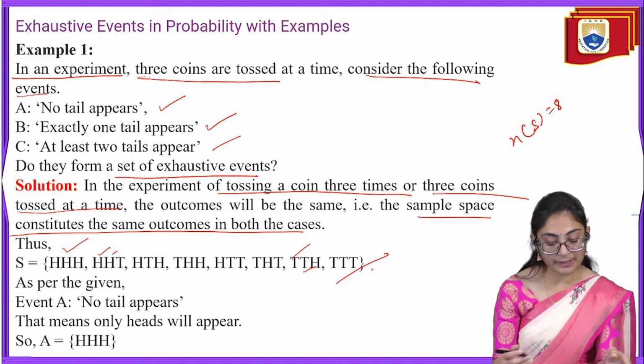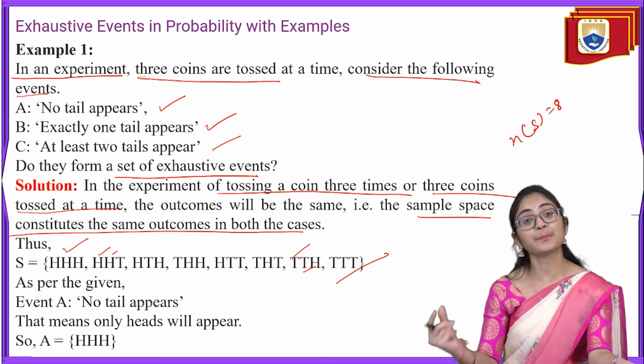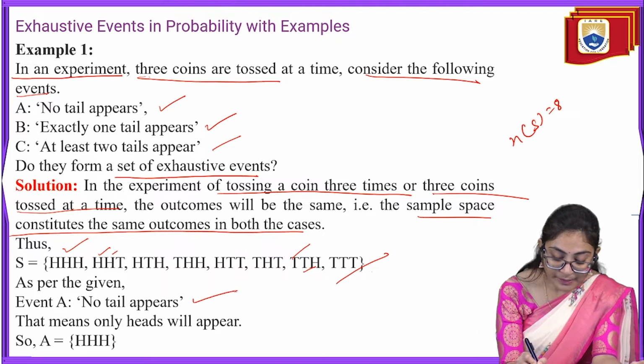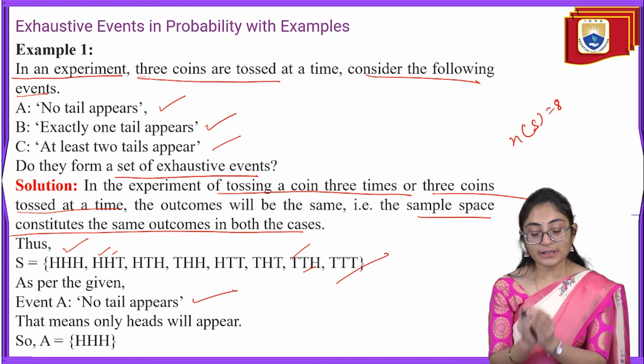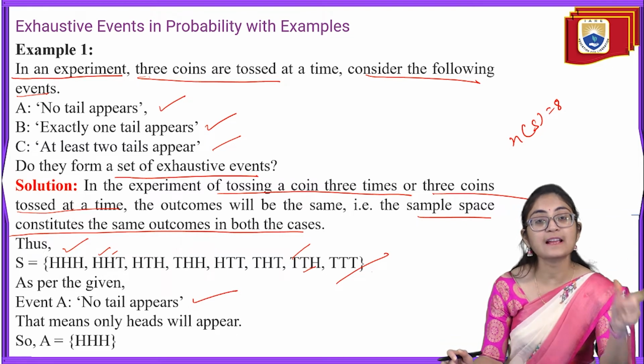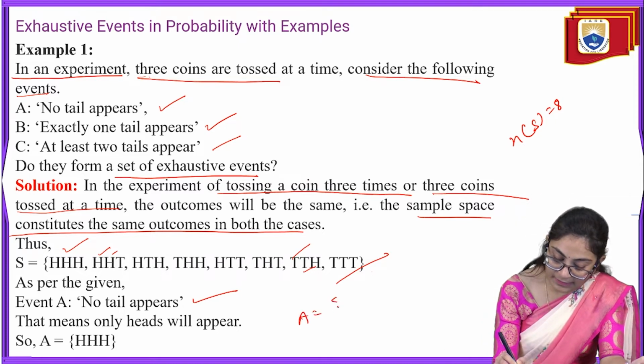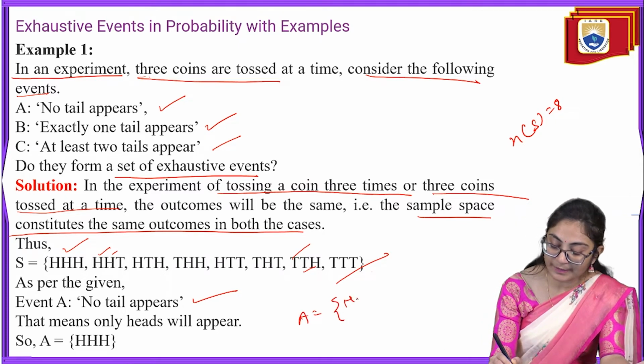As per the given, the first event A is that no tail appears. No tail means all coins appear with heads, so our event A is HHH.